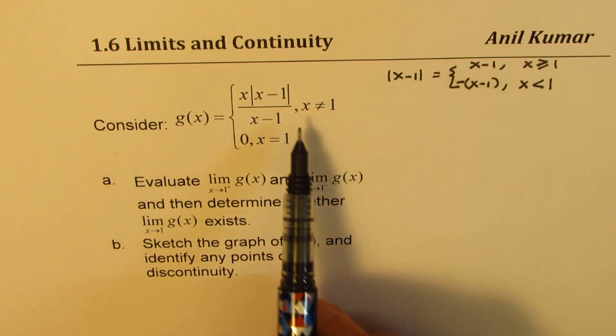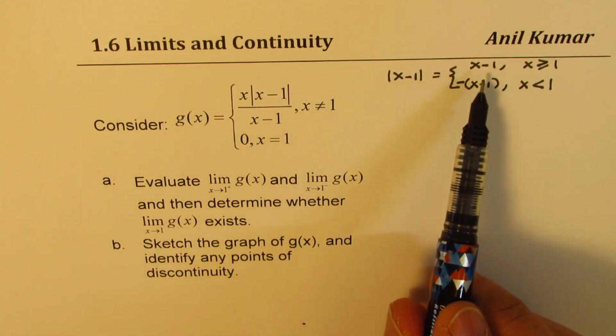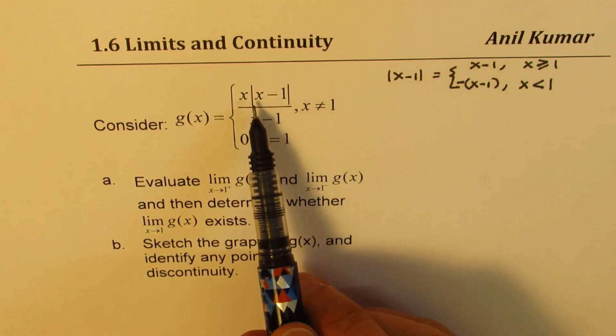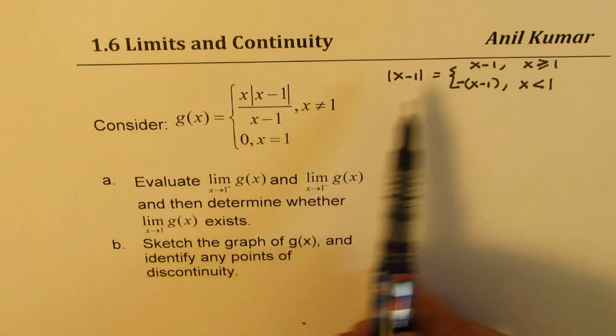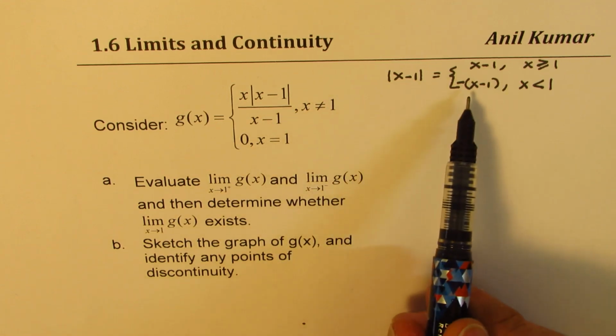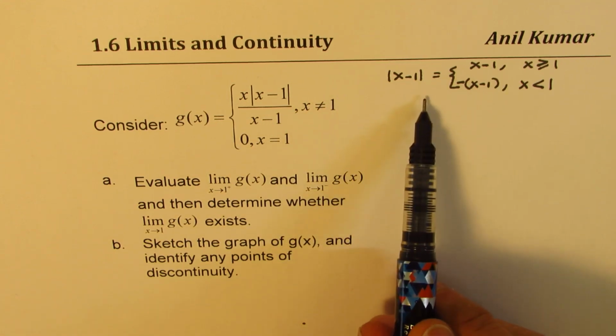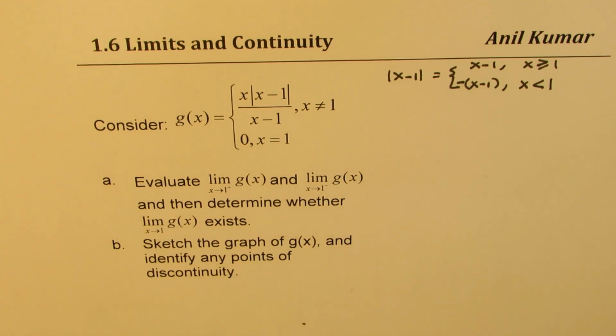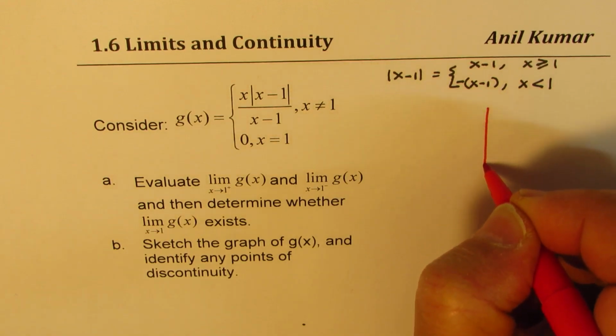So you have to remember that and apply it here to solve such questions. That really means that if you are approaching 1 from the right side, you have to take the value of absolute value of x minus 1 as x minus 1. And when you approach it from the left side, you have to take minus of x minus 1. Perfect. So that should be very clear.